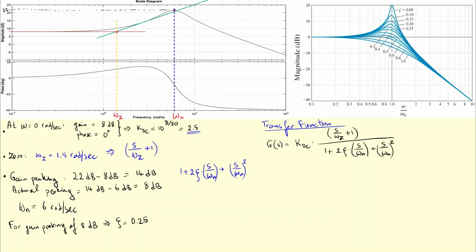Now I will substitute the values I have found from this analysis and also using this plot for our gain peaking. What is the value of KDC, omega z, zeta and omega n? Let's substitute that here.